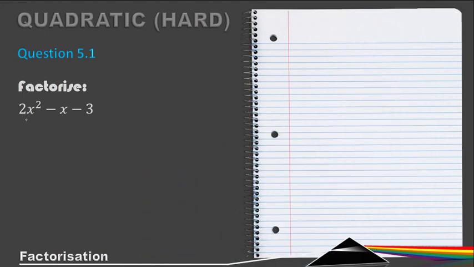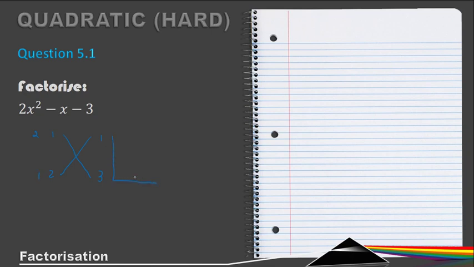Now for 2x squared minus x minus 3, starting with the first method, I'm just going to draw this x over here and list my factors of 2, so that's 1 and 2, and list my factors of 3, that's 1 and 3. Then one of the sides I'm going to swap around, that's 2 and 1.